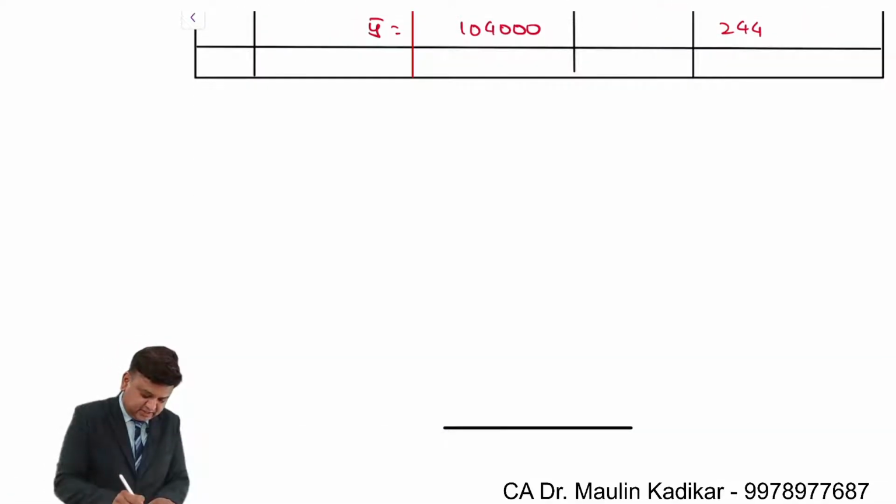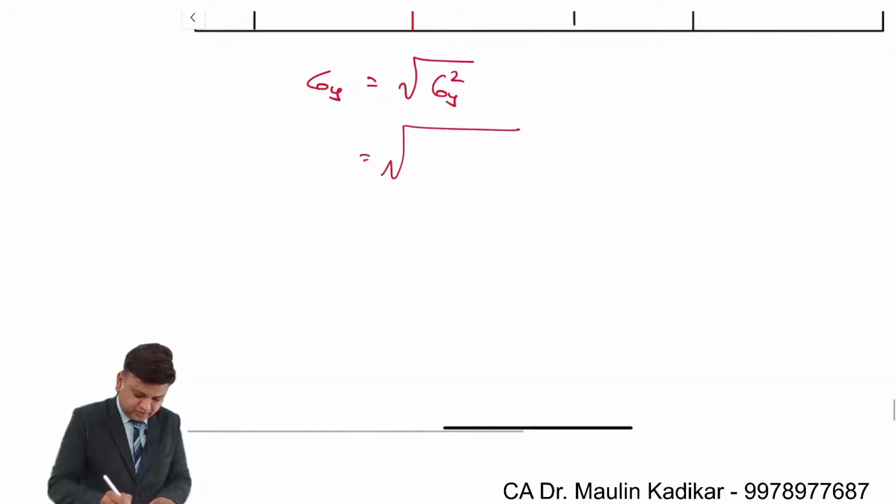So next is the standard deviation for project Y cash flow. It is under root of the variance. So it is under root of probability into y minus y bar whole square and its summation.